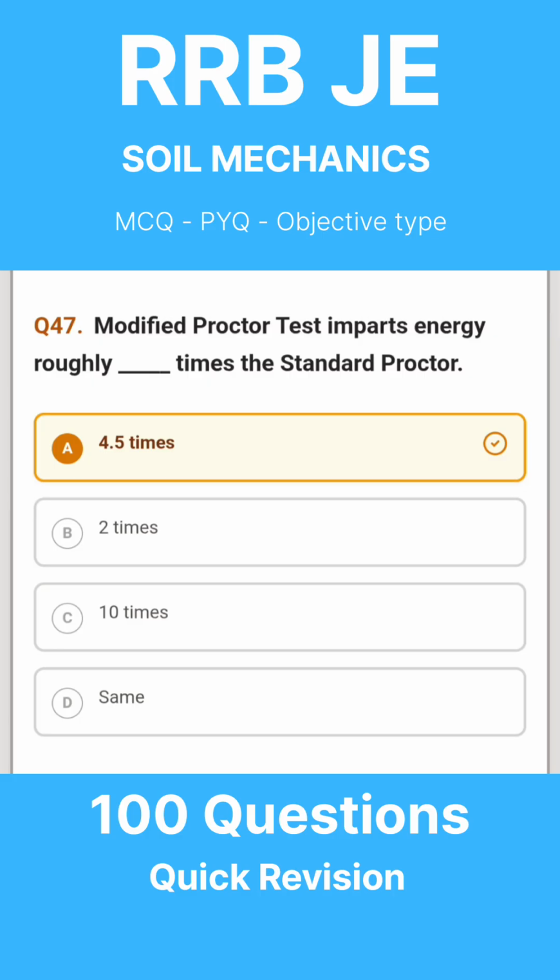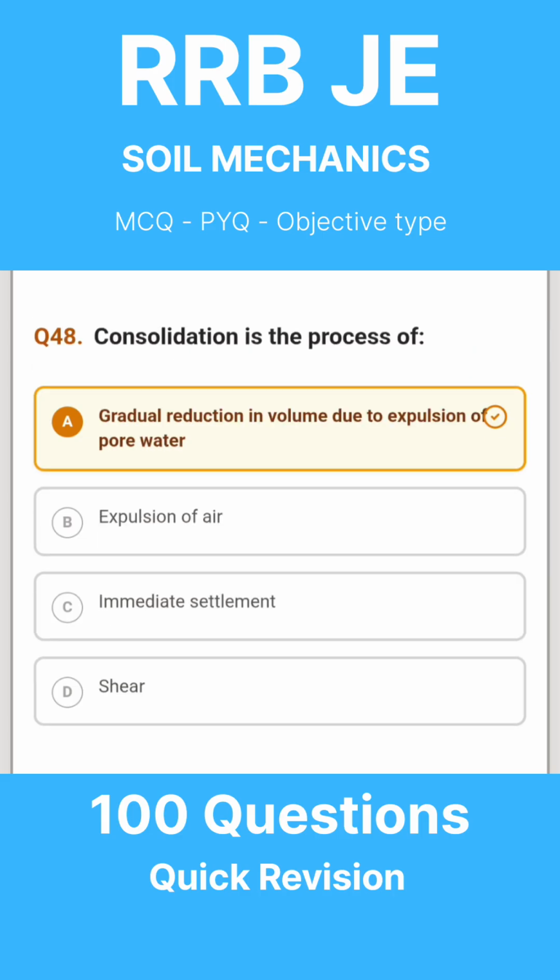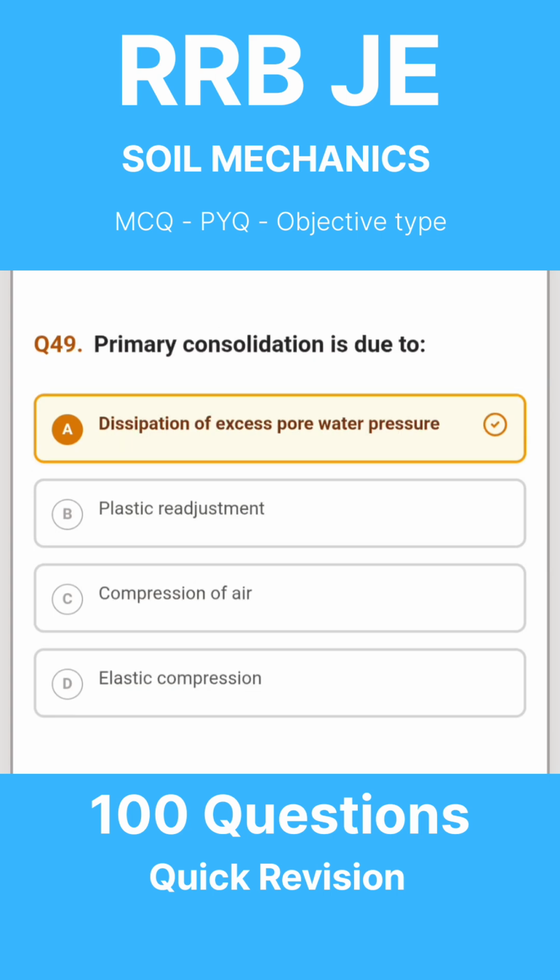The correct answer is 4.5 times. Question 48. Consolidation is the process of. The correct answer is gradual reduction in volume due to expulsion of pore water. Question 49. Primary consolidation is due to. The correct answer is dissipation of excess pore water pressure.